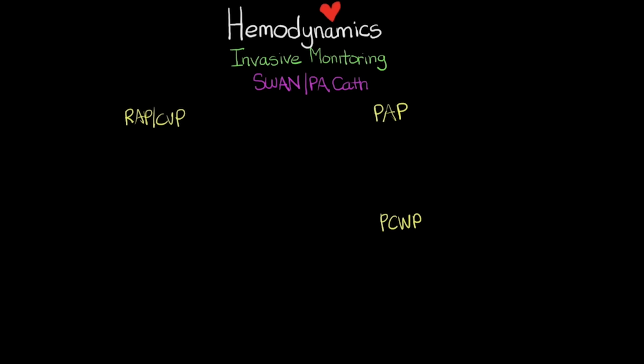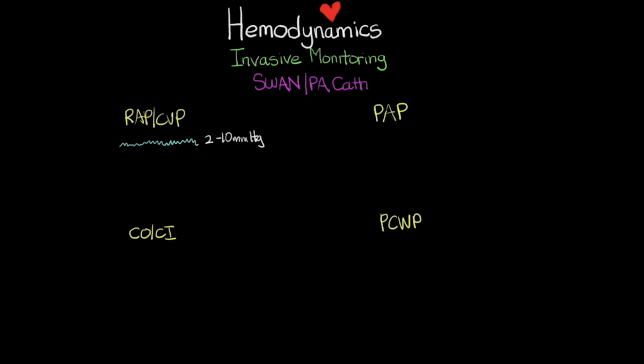And finally, the last one will be our cardiac output and cardiac index. So for our right atrial pressure, or our CVP, again, the waveform is going to look just like we talked about with the CVP already, and the same normal values are going to apply to this as well, 2 to 10 millimeters of mercury.